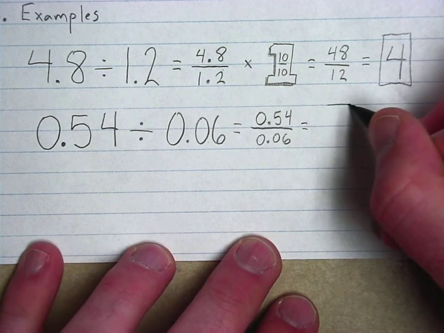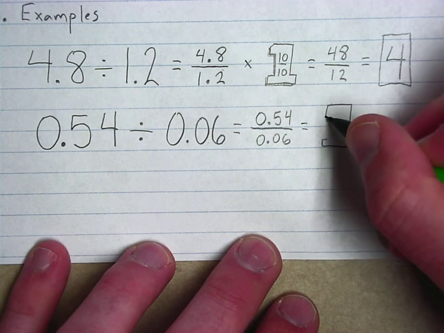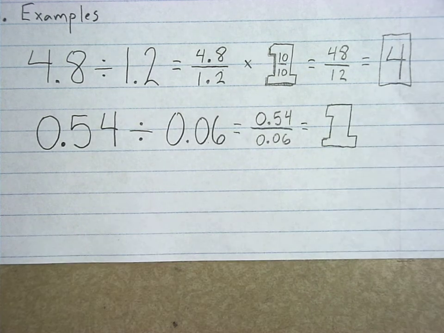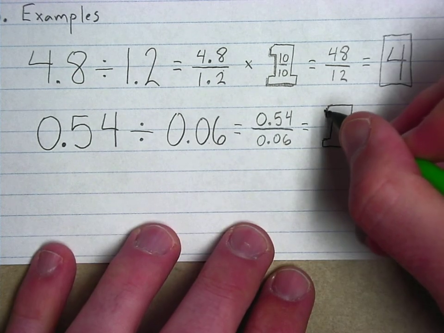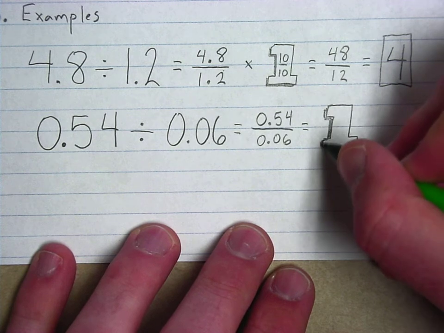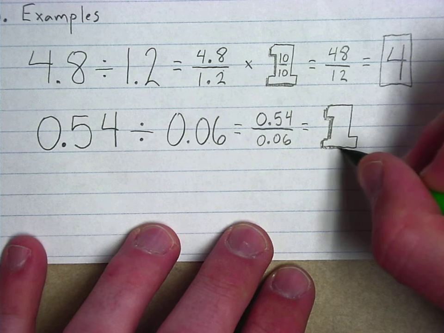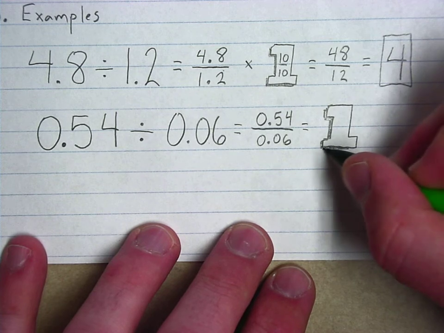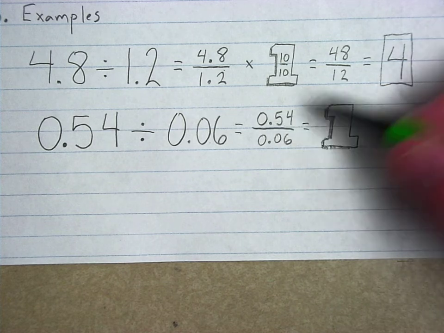And we're still going to multiply times some form of the mighty 1. We just need to figure out what form that's going to take. Now, looking at the 54 hundredths, looking at the 6 hundredths, we hear hundredths a lot. We have 2 decimal places.